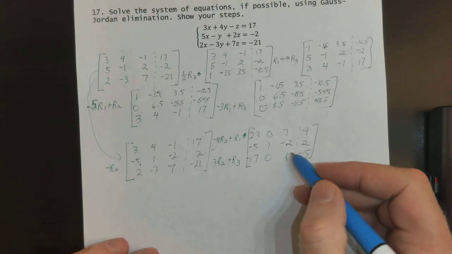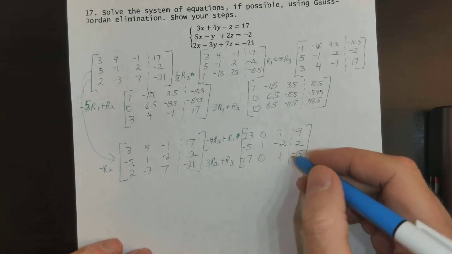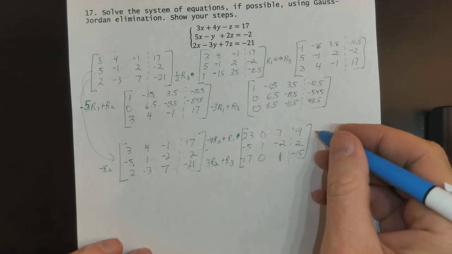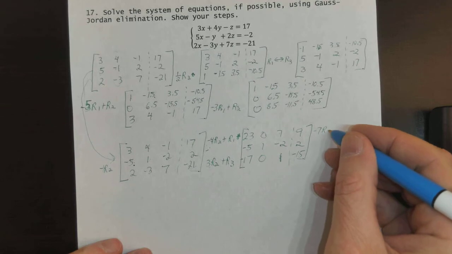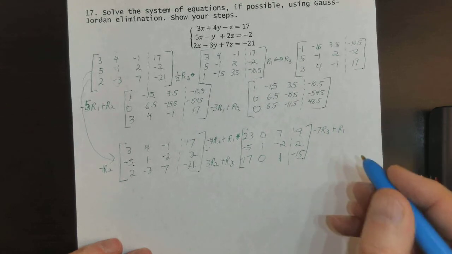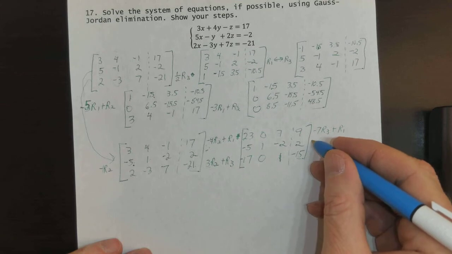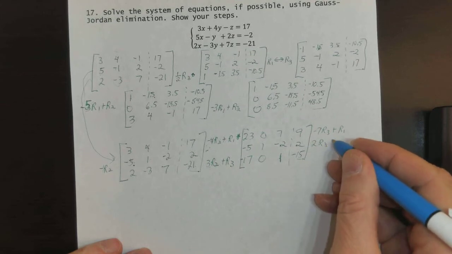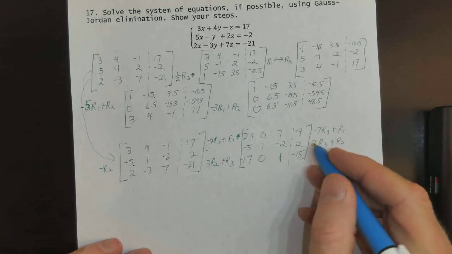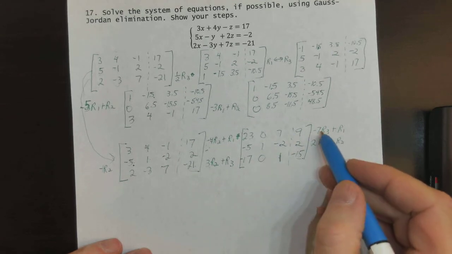I am going to deal with this one. And I got this 1 here, which is right where we want it. Let's make zeros here. So let's take negative 7 row 3 and add row 1. Then let's take 2 row 3 and add row 2. And we'll get our zeros.